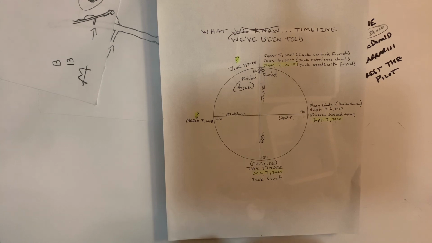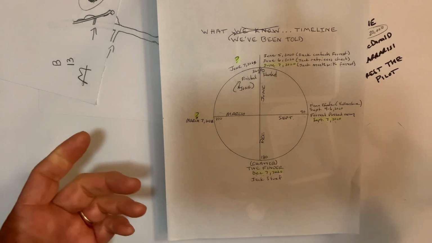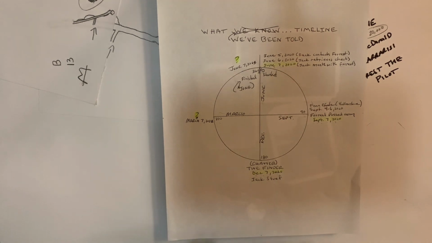And if he slept in, took his sweet time, even had breakfast, it's going to be afternoon before he'd ever get back out of there, back to Cody, and then headed south to Santa Fe. I just don't see it. I don't see how it's possible that it happened that way.